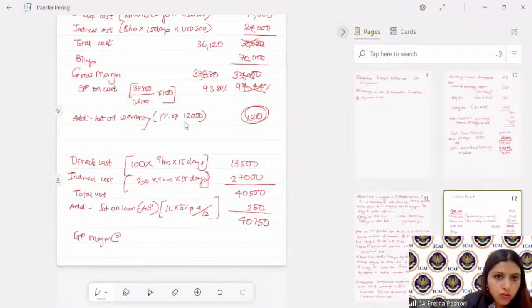at the rate of 93.80%. It comes to 38,244. 38,244 is the margin and my arm's length price should be 78,974.